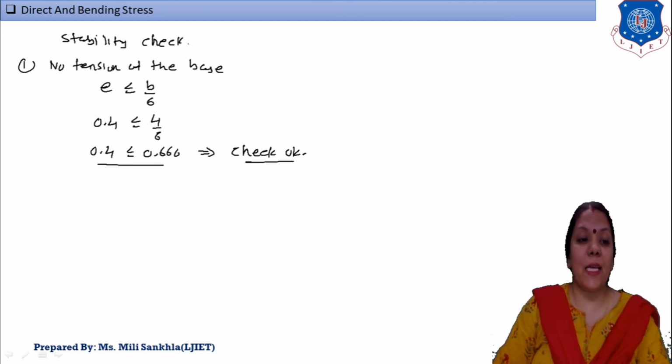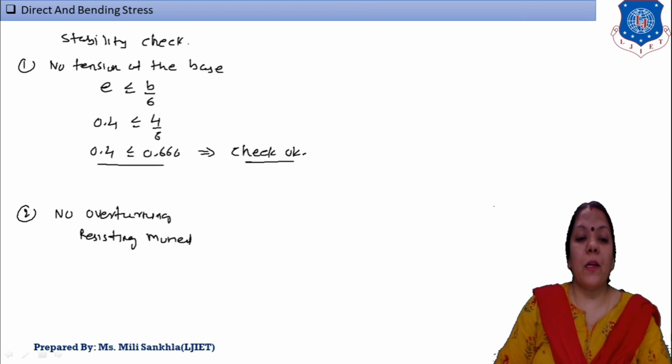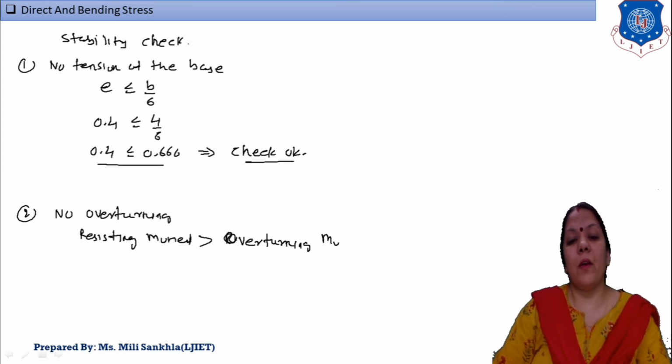Now our second check, right here, no overturning. Check no overturning. Now for no overturning, our resisting moment is greater than our overturning moment.